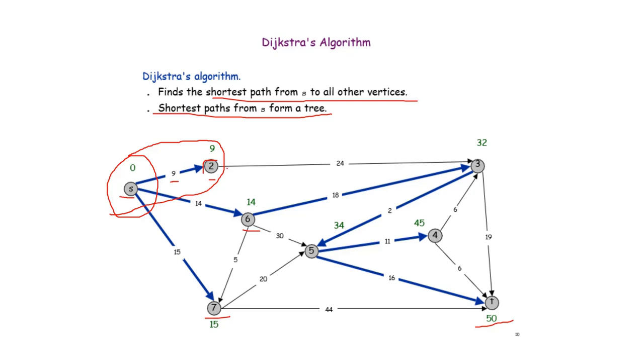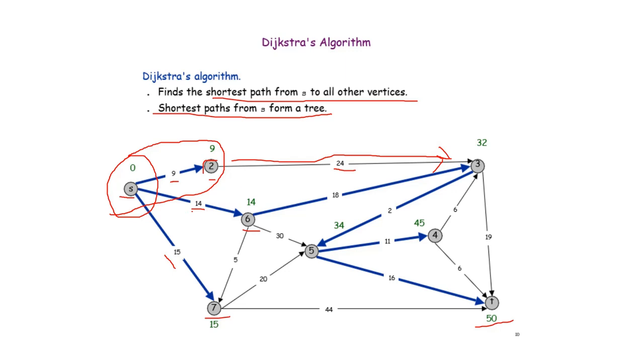So here it's 3 with the cost 24. Then from S to 6, it's equal to 14. And from S to 7, it's equal to 15. But here we need to also consider that it's not only 24. It's actually 24 plus 9, so it's 33.